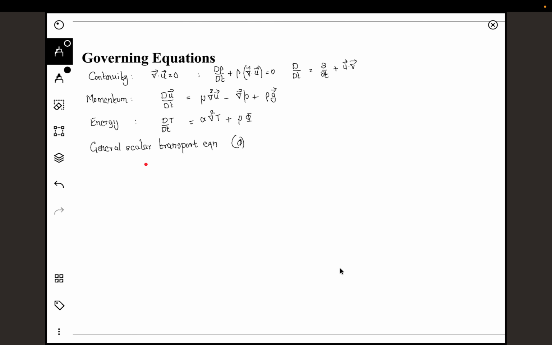So the governing equation becomes d phi dt, or I'll just write the equation, the one which we will use later: the unsteady term of rho phi plus the advection component should be equal to the diffusion component plus some source terms for that particular scalar. So these are the different equations we derived, where we started out.